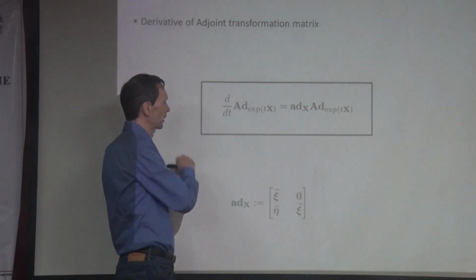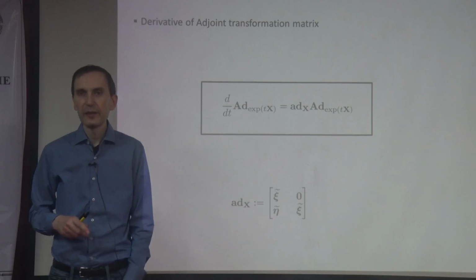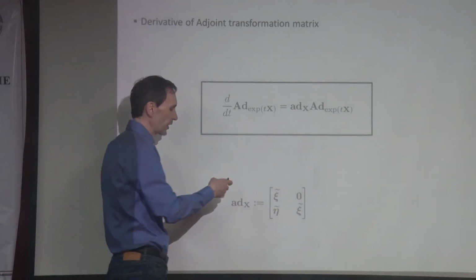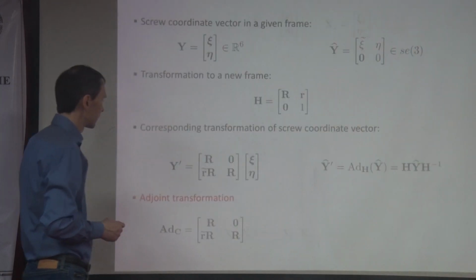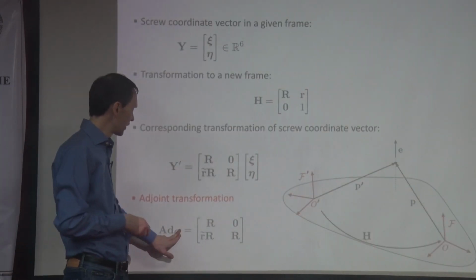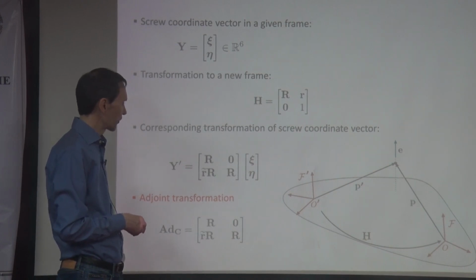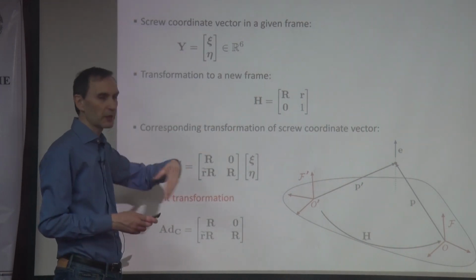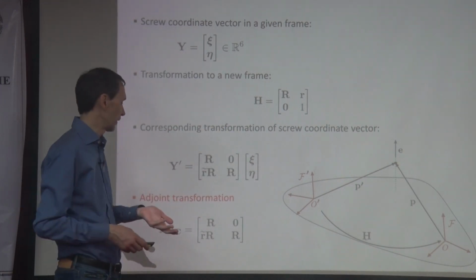Because the question could be, and the question will be, we have this adjoint operator, right? We have been saying that this is the one that you get like here, so this is the adjoint operator when we have the h in here. Now we know that every h, the homogeneous matrix, can be represented as an exponential of a screw coordinate, right?